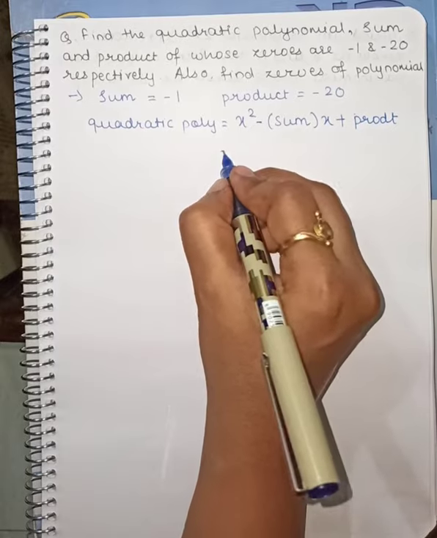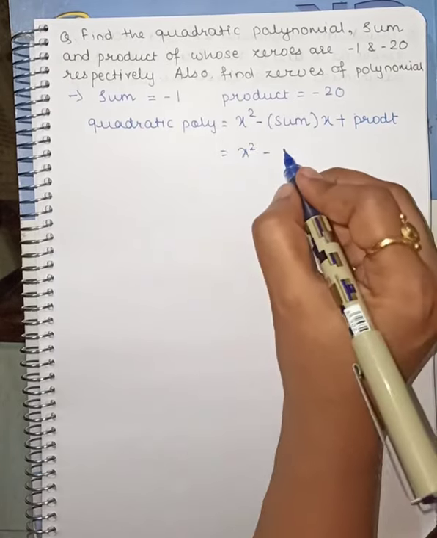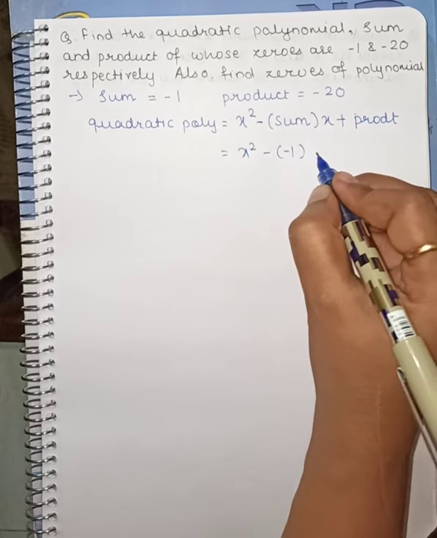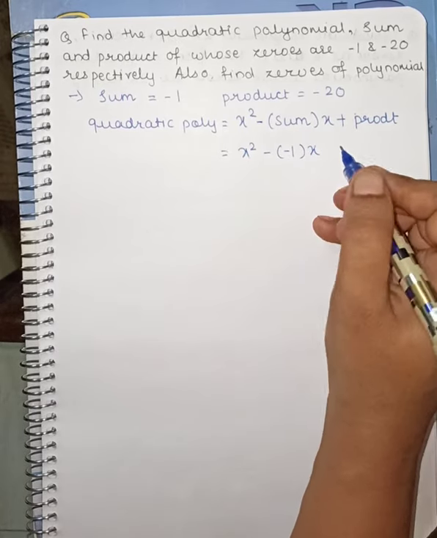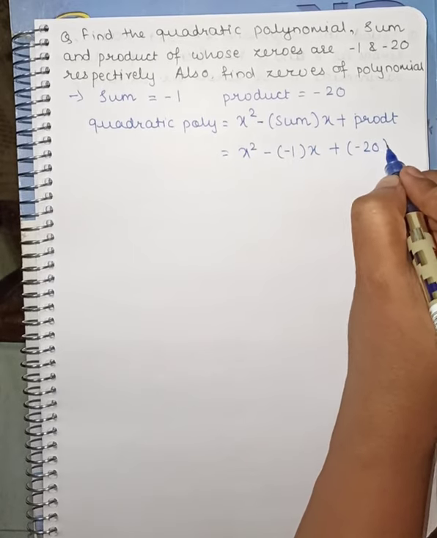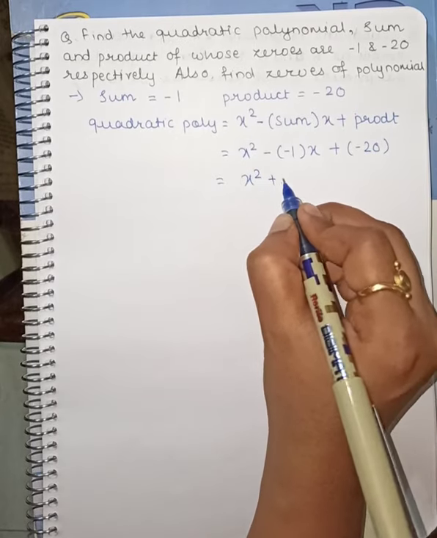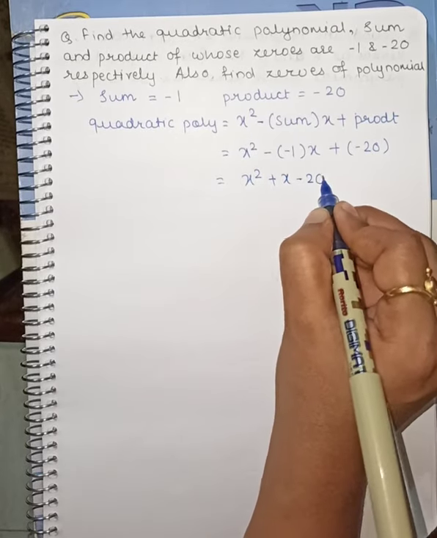So let us put the values whatever we have. So x square minus, what is the sum given? -1 into x plus, what is the product given? -20. So the equation would be x square minus into minus is plus x minus 20.